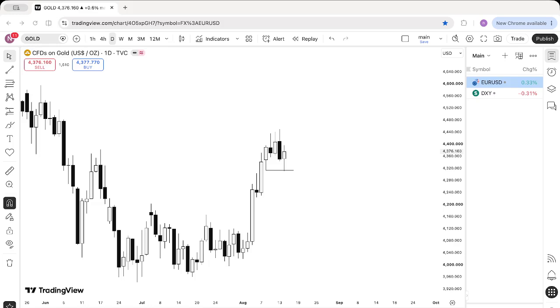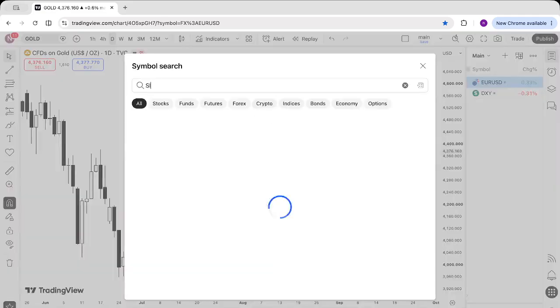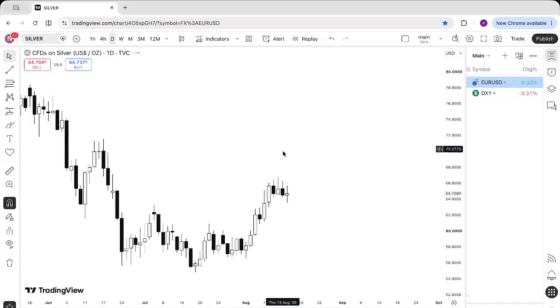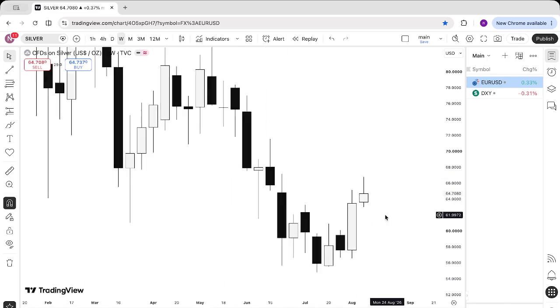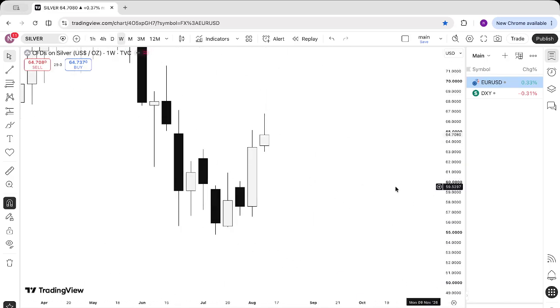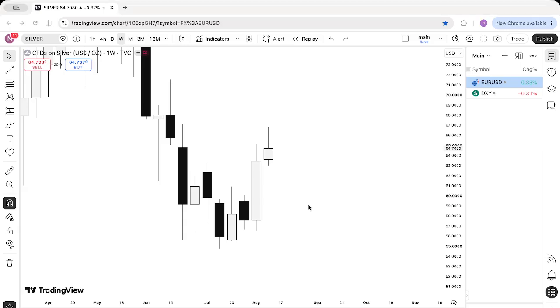For an example, if we look at a correlated asset of gold, which is silver, if we go to silver, and we go to a weekly chart, what key levels on silver do we have? Someone tell me. What's the obvious key level on a weekly chart that we have? FVG and breaker, right?